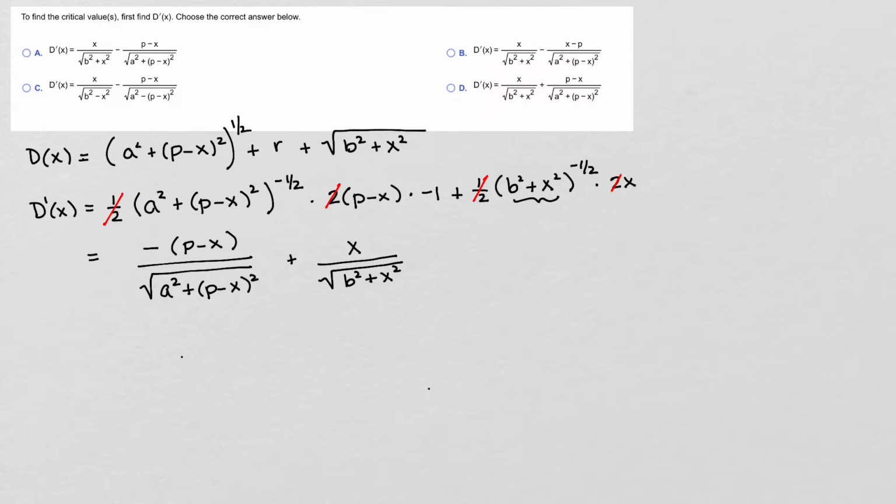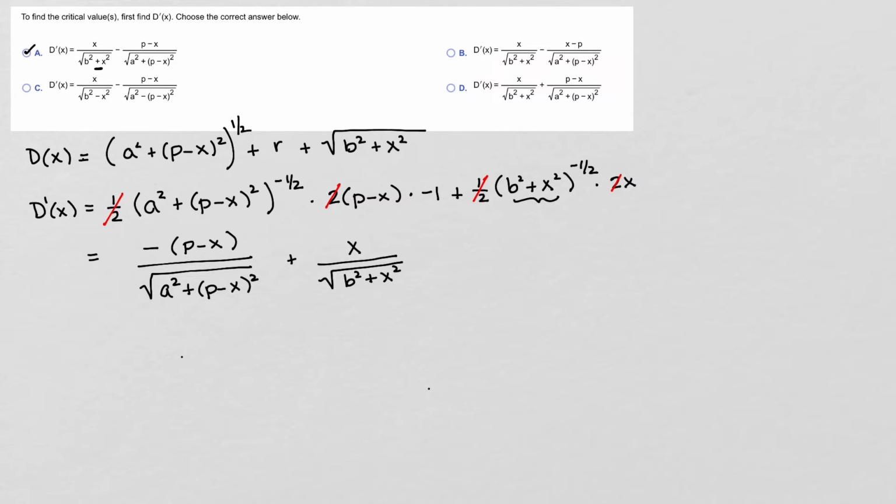And so I'm looking for that, and that looks like C. Okay, so that was actually A. I missed out on that, so that's plus the B squared plus X squared, not minus.